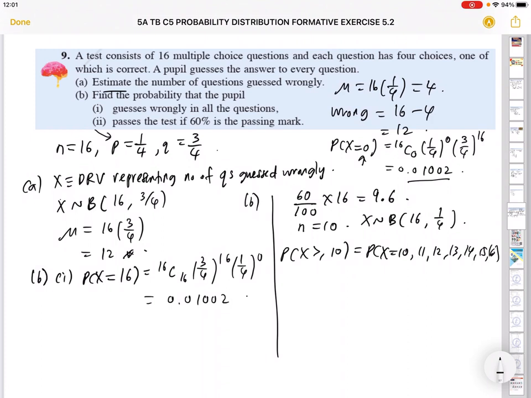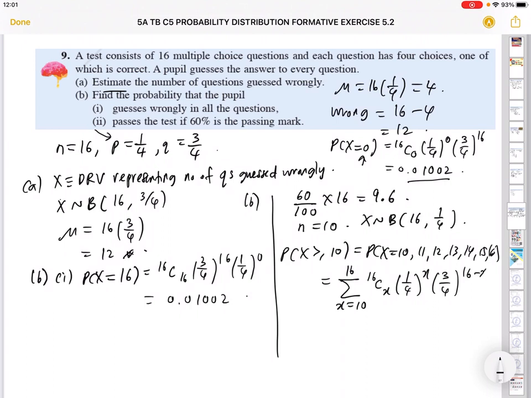So I would just use this notation. I wonder whether you've seen this before. This is summation of x starting from 10 to 16. Now I use the general formula 16Cx because x is a running number. X can be 10, 11, 12, 13, all the way until 16. The probability of guessing correctly is 1 over 4 power x. Wrongly is 3 over 4 power 16 minus x.